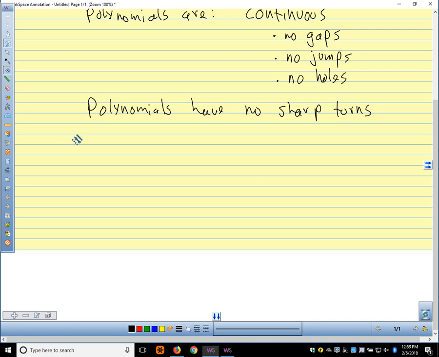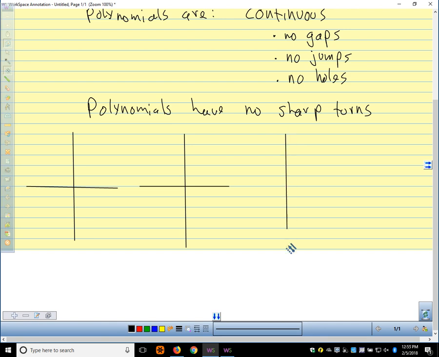So I'm going to draw 4 different graphs, 4 little sets of axes here, because it turns out that in the big picture, a lot of polynomials behave very similarly to simpler polynomials.